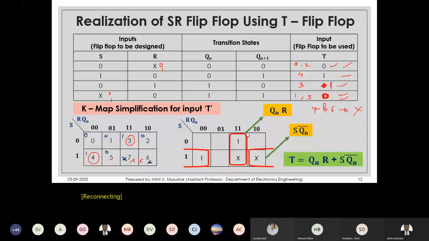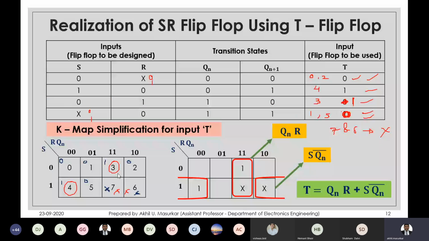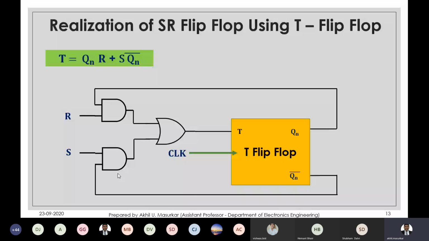Okay. So now let's go to the implementation of this flip flop. So that is going to be a T flip flop, and this is how it will look in terms of S and R. So here we have R, S, here we have Qn bar, here we have Qn.